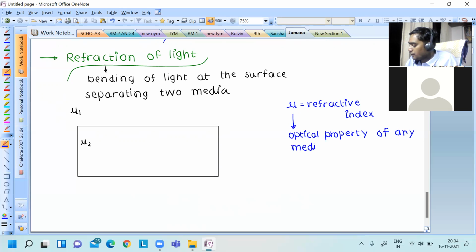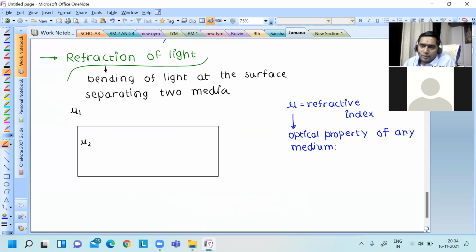But what will be decided by this optical property? This optical property decides how much light will bend when light enters this medium's territory. So that bending of light mainly depends on this optical property of any medium. We don't go into deeper details about what factors it depends on. Always remember this is a fundamental property.